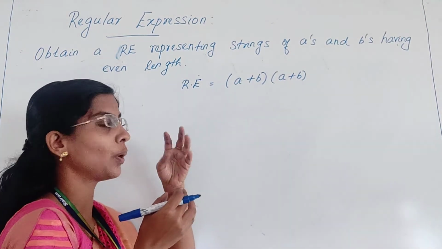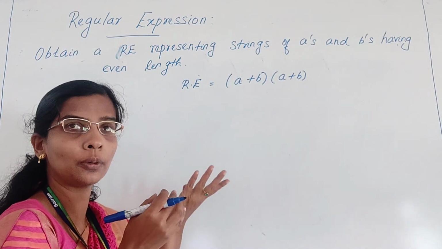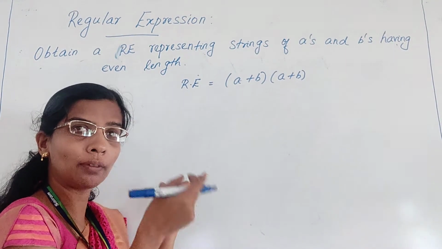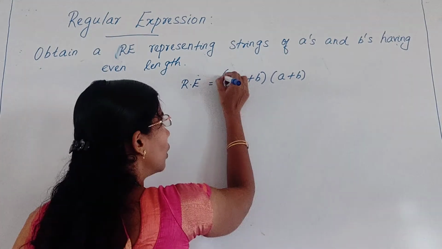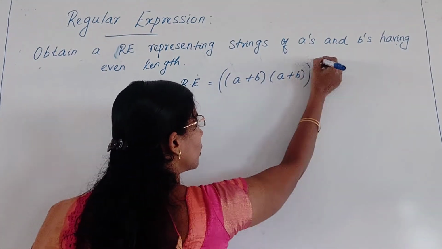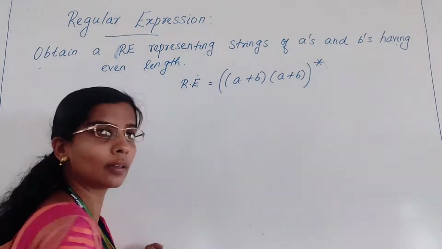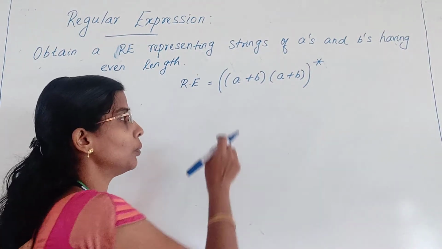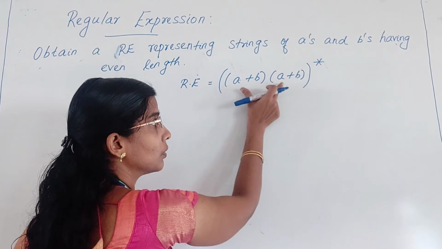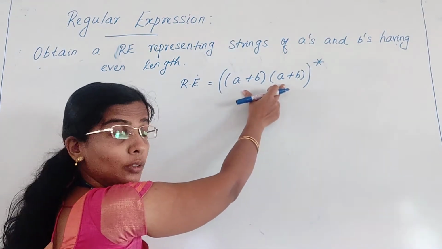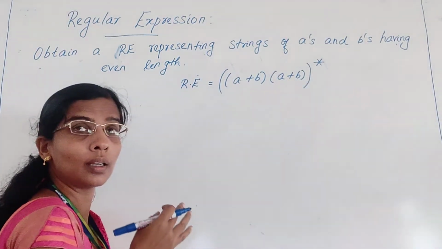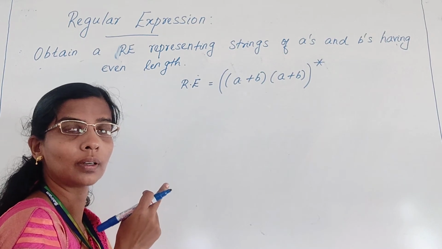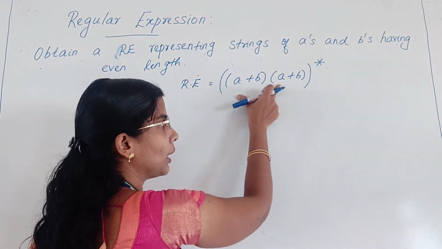Suppose I want 4, what should I do? This 2, I have to repeat it. For that, star. If I want strings of length 2, the star takes 1, so only one time I will repeat it.